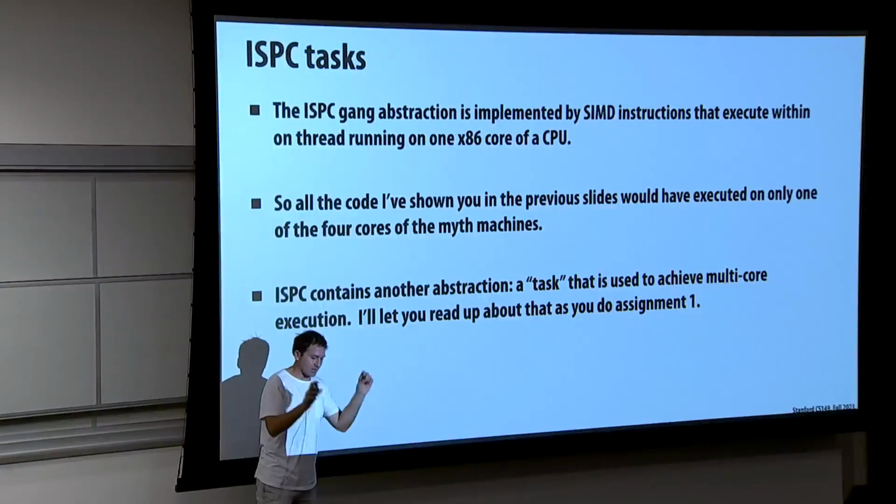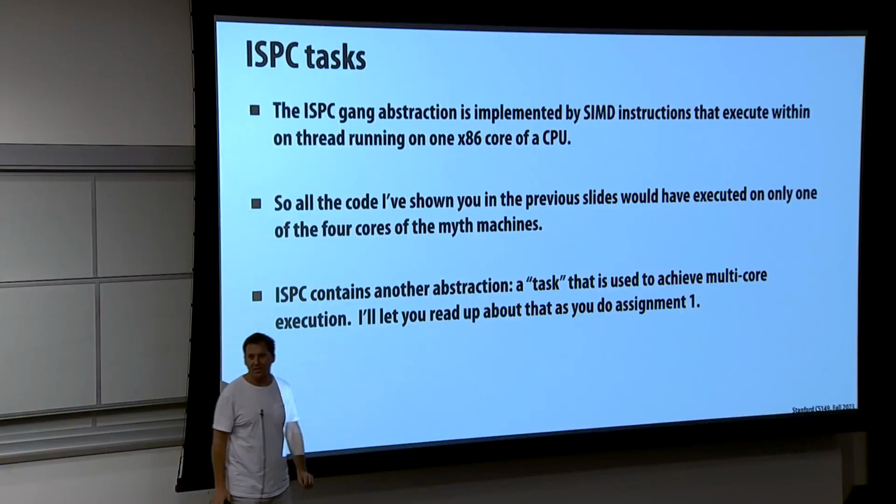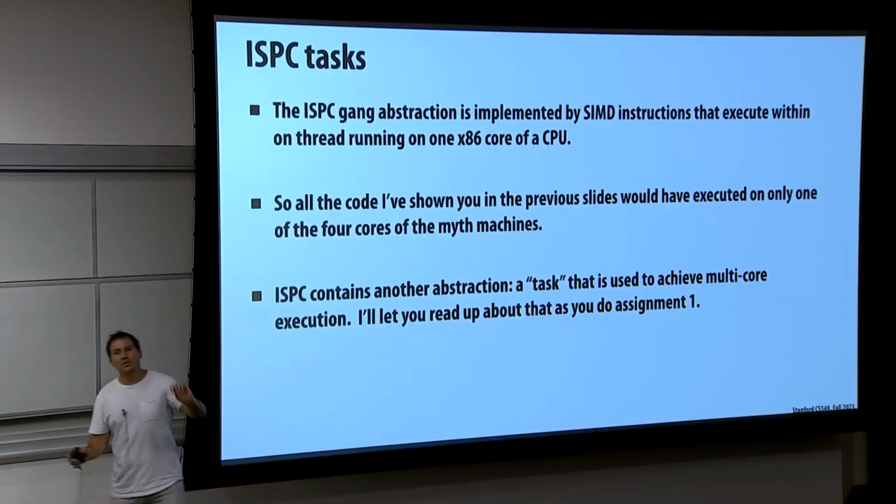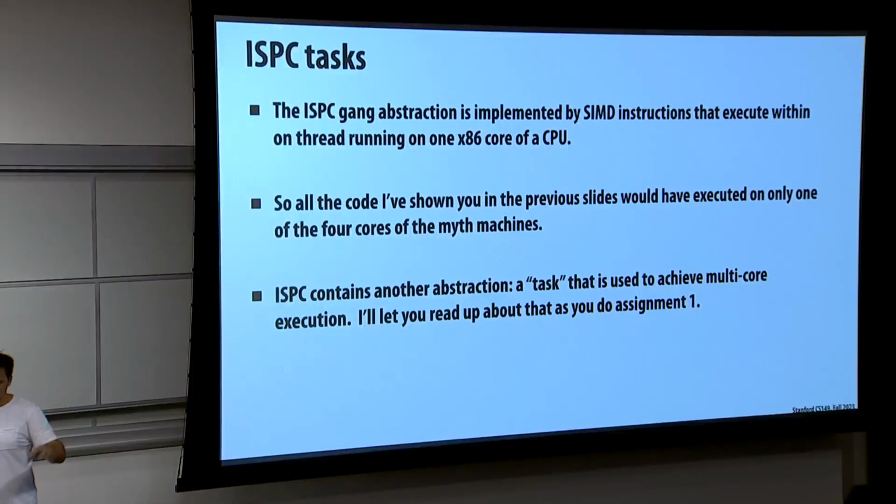You figure out how to assign them to the threads in the machine. So if I create 1 million tasks and I'm running on a machine with 8 hyperthreads, Ispc under the hood is just going to create 8 hyperthreads and then go, okay, you do the next task, you do the next task, and so on.